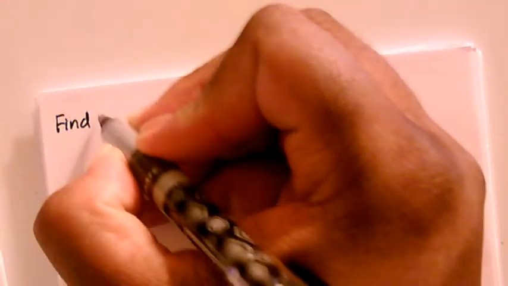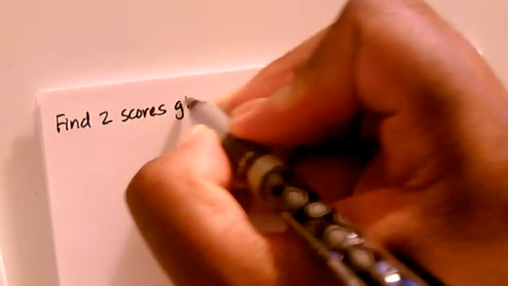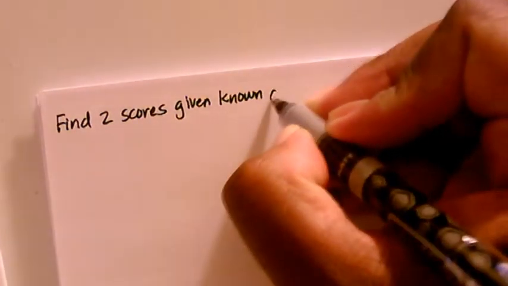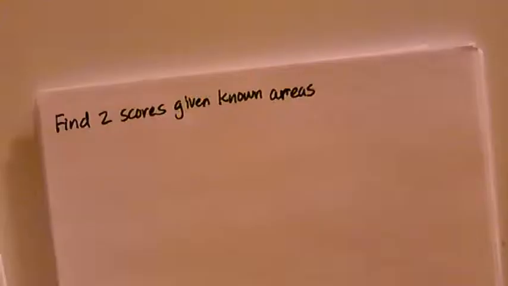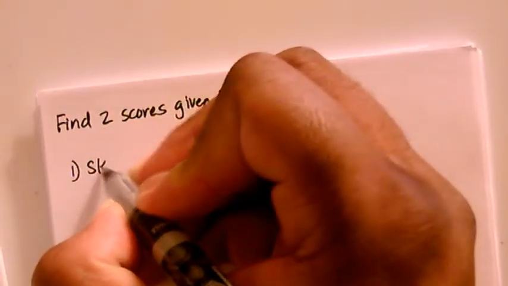So here we're going to find z-scores given the known area. Now to do that, you have to pretty much sketch the graph.